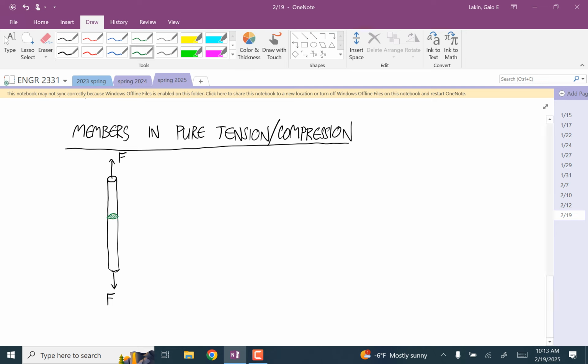This is the cross-sectional area, I'll call that A. Remember that our answers are not going to be valid close to the endpoints. And you don't have to use this coordinate system, but let's think of this as X, Y, and Z.